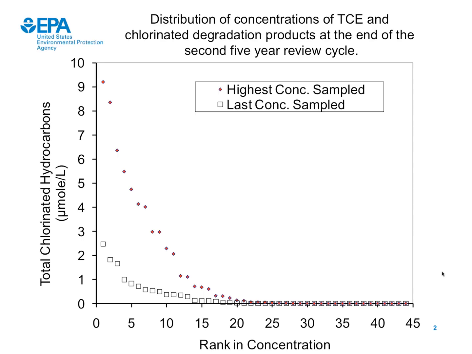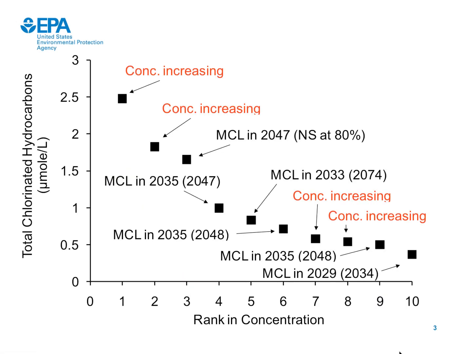Basically this just shows the frequency distribution of the total chlorinated hydrocarbons in monitoring wells at the site, comparing the highest concentration that was ever sampled to the concentration at the time of the review. You can see that over the entire site, the concentrations of contaminants have decreased significantly. So overall, monitored natural attenuation is an ongoing and valid process. Next slide.